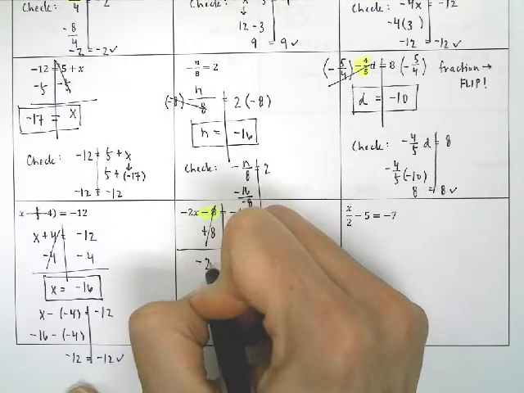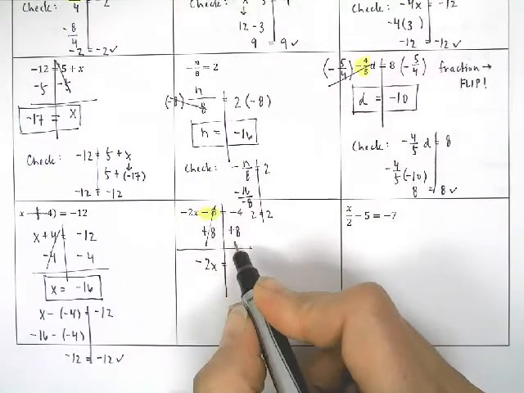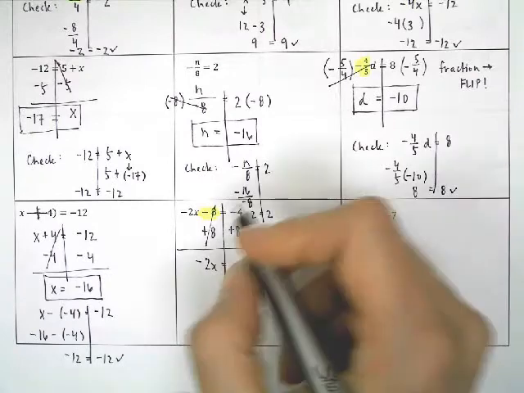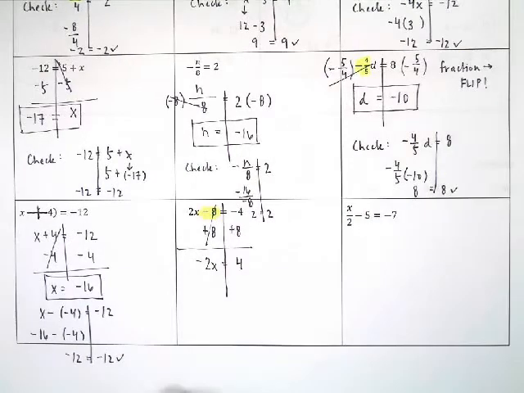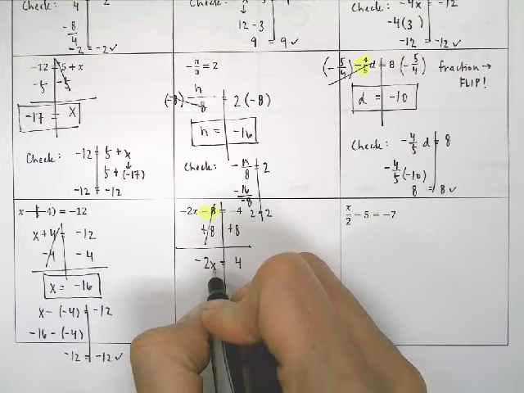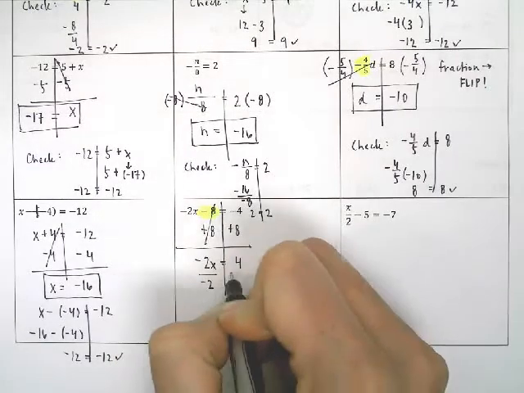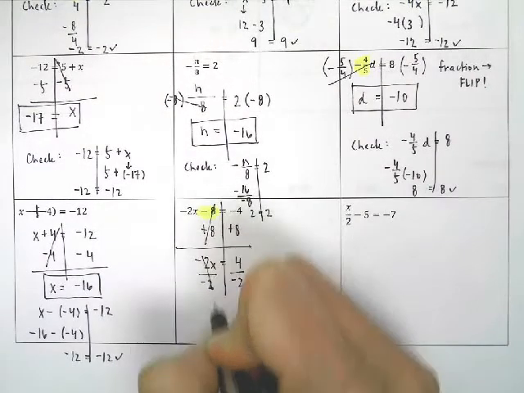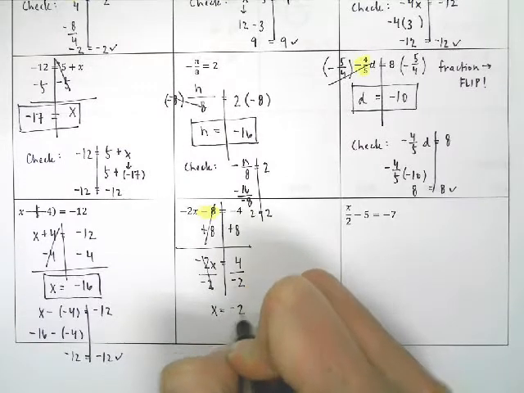Those cancel. I have a negative 2x. I know negative 4 plus 8 is going to give me a positive 4. Again, especially with these negatives, make sure you're using your calculator to at least check so you're not making sign errors. Now I have a multiplication problem, so I'm going to undo that by dividing. And I'm going to get x equals negative 2.